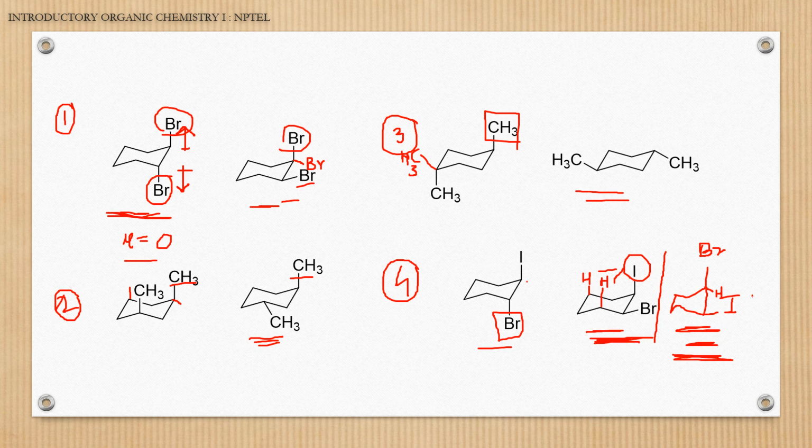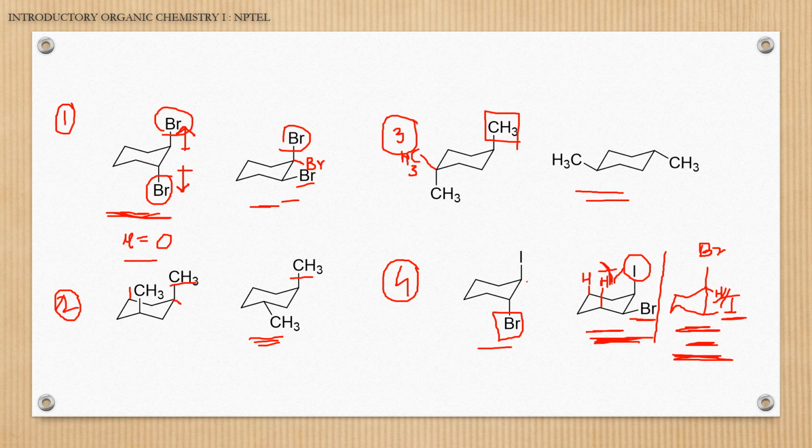This is governed by steric hindrance. So here the bulkiness is increased because of the iodine group. Br is smaller than iodine. I am talking about the axial bond length. It is getting increased, so the 1,3 diaxial interaction does not come into the picture that much. But here the interaction is there.